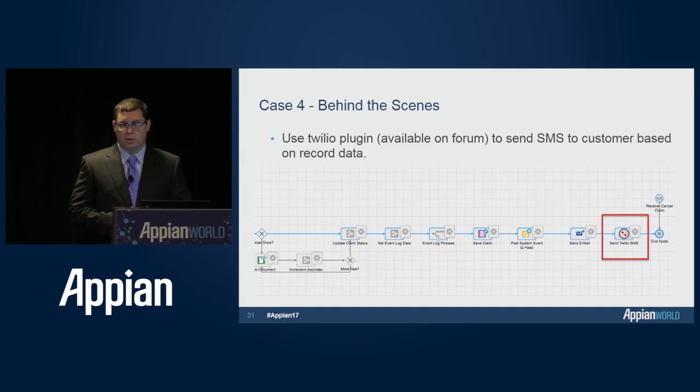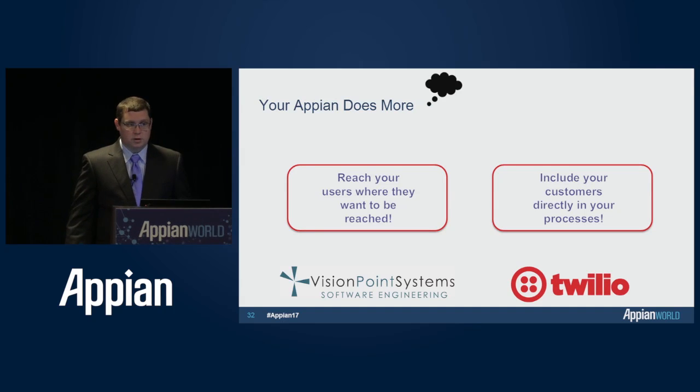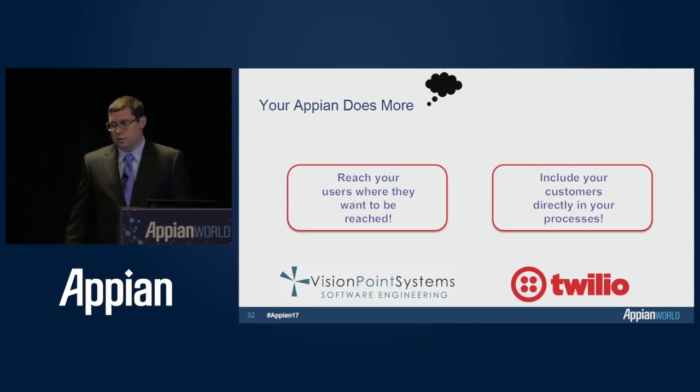Well, this can give you a potential reusable vehicle for communicating with people who aren't actually named Appian users. There's a lot involved in security and whatnot, and we didn't get into a whole lot of that today, but it's something to think about. I think the idea of including your customers directly in your processes is a great opportunity. We can take some questions, but first, Brian and Jim, thank you very much.